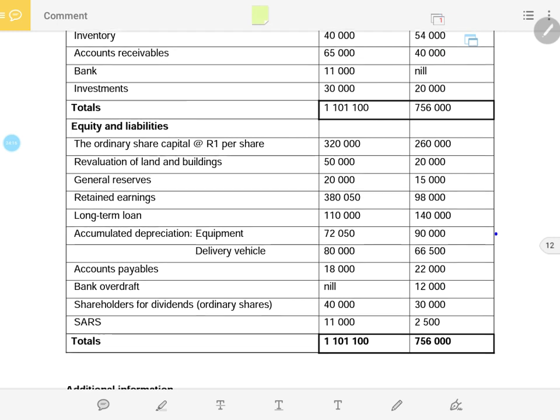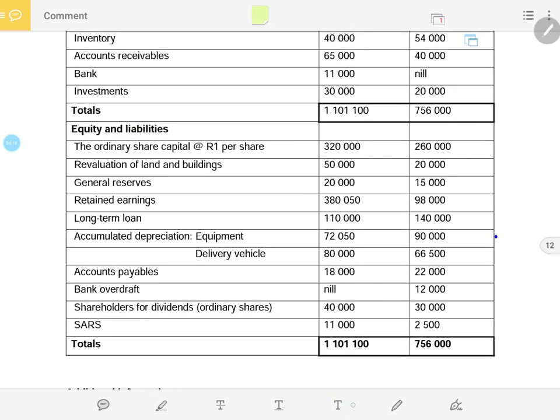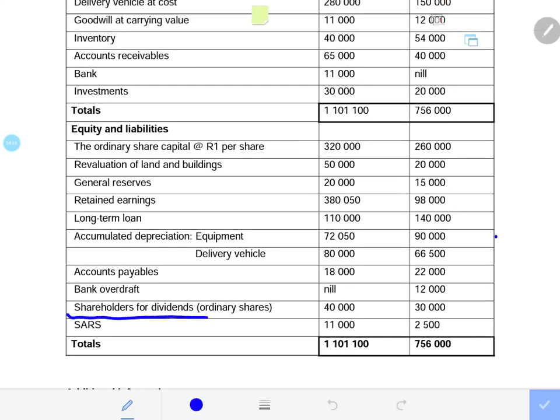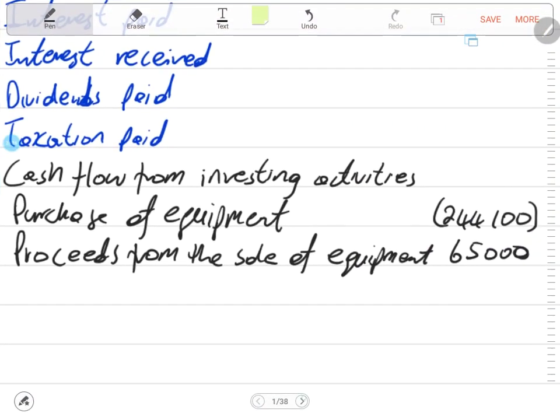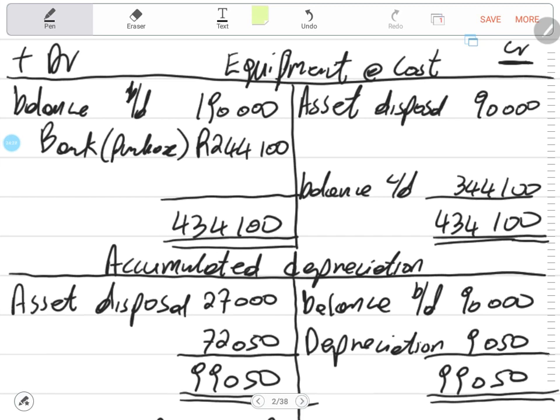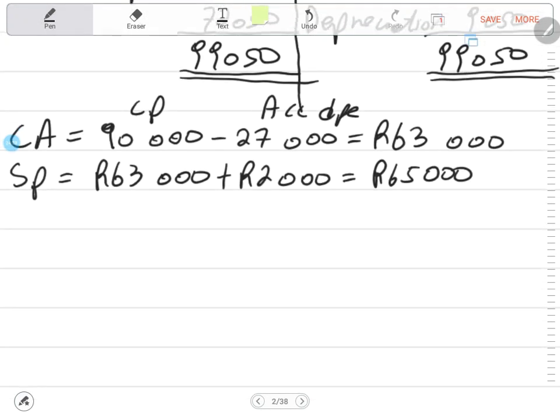So now we go to our shareholders for dividends, 30,000 rands and 40,000 rands. Now I want to do the notes. When we do the notes, we'll have shareholders for dividends. If you want to do the notes, please write shareholders for dividends in full.